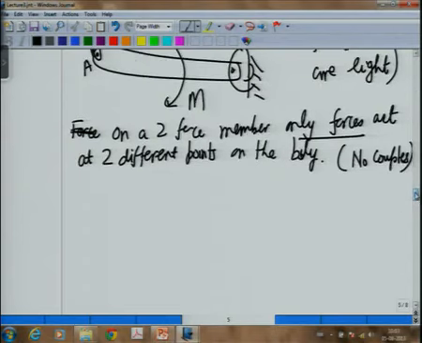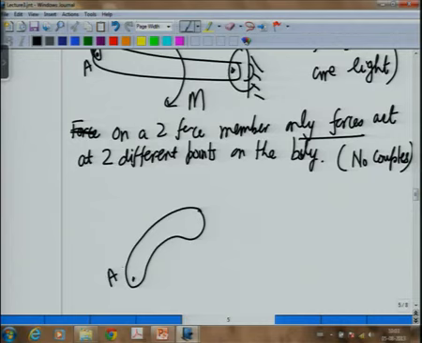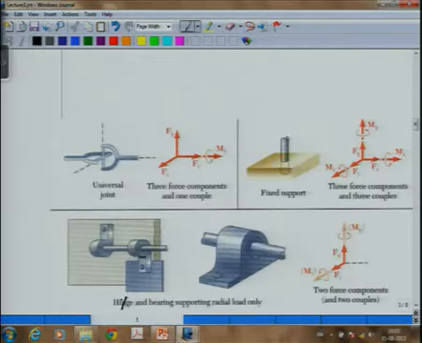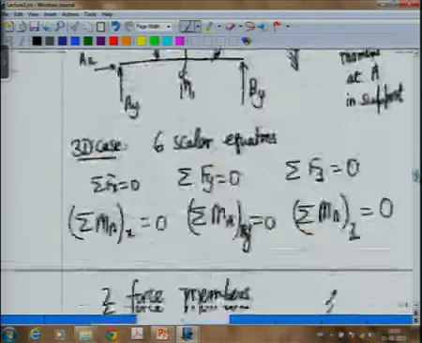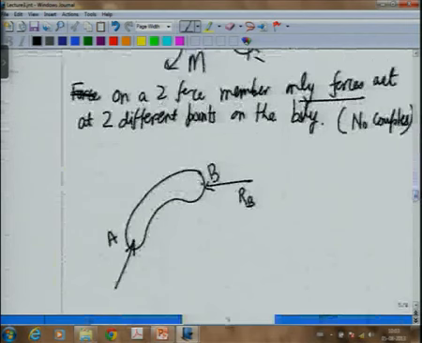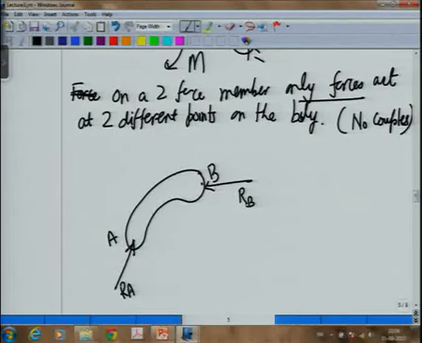Now, in this case, when I draw the free body diagram of AB, what I will have will be an unknown reaction at A, unknown reaction at B, let me call them RA and RB.